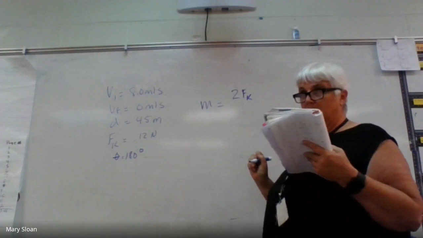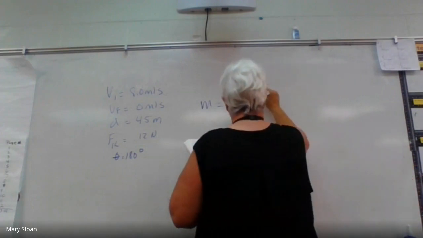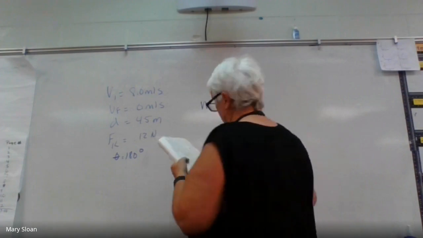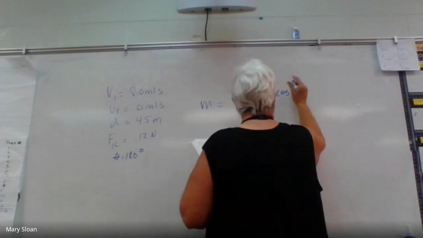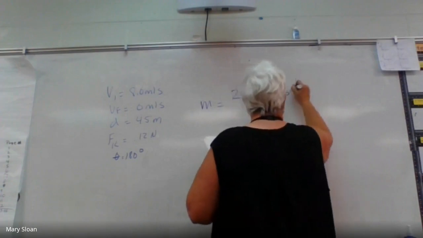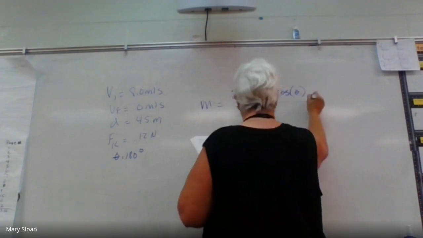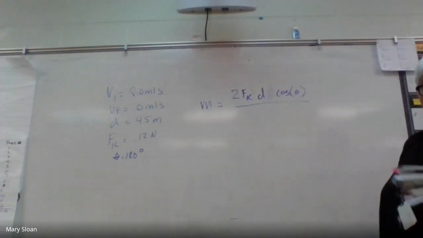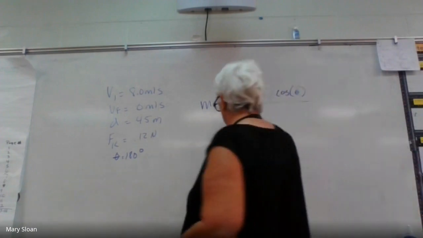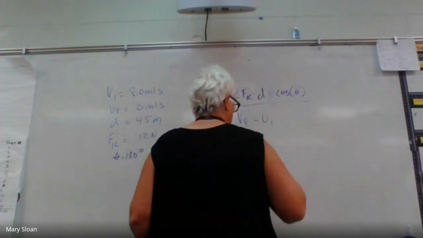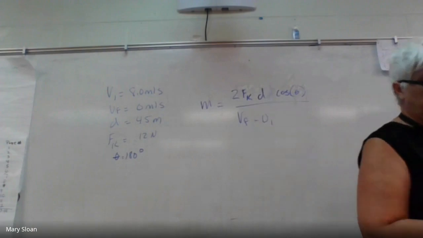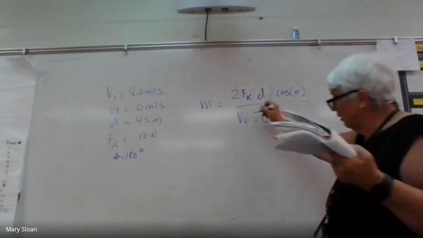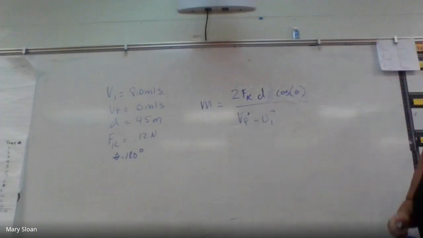Oh, you would use this formula from earlier. D stands for distance. Cosine of the angle, over what? What are the other 2 things we've got? Velocity final minus velocity initial. Those aren't squared?